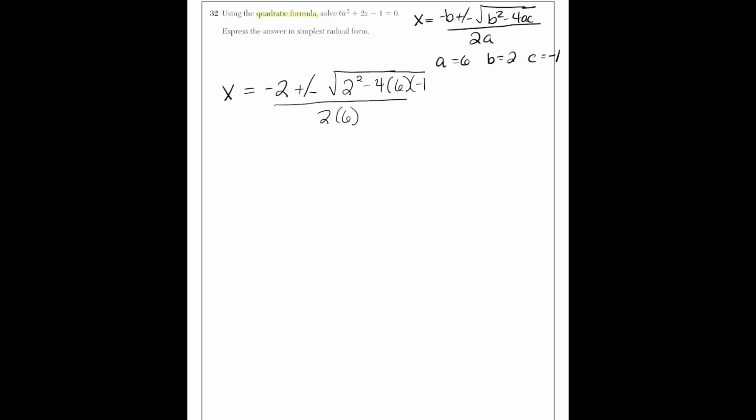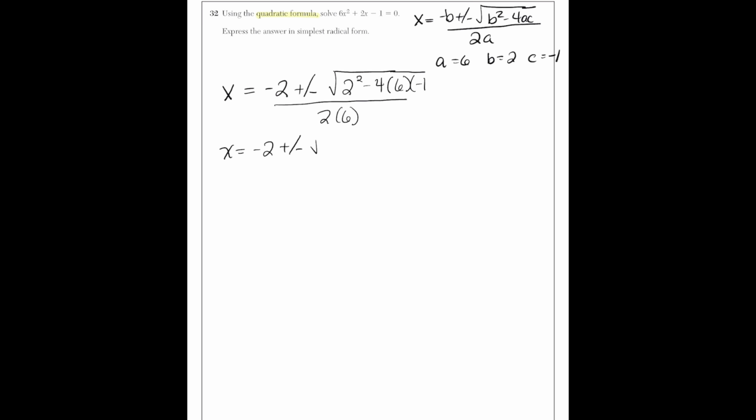Now this is where I'm going to start simplifying it out. A very simple place some kids make a mistake is that they might just put the 2 here, but remember it has to be negative the b. Now if b was a negative 2, then I would have to put minus negative 2, and I would have to work through that. So just be aware of that in case it comes up in future years. All right, so luckily this doesn't have to be simplified here.